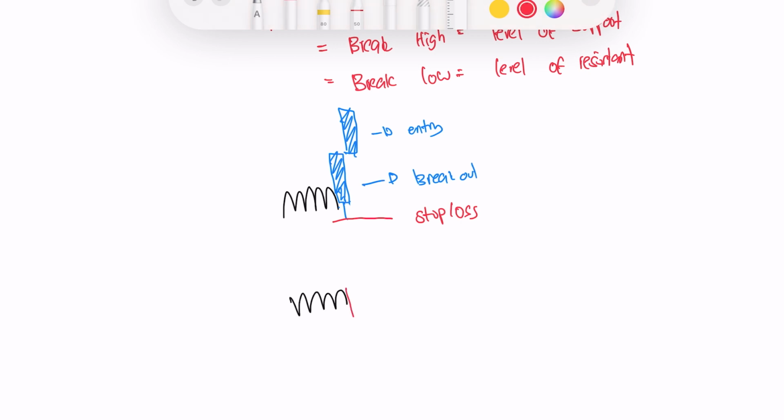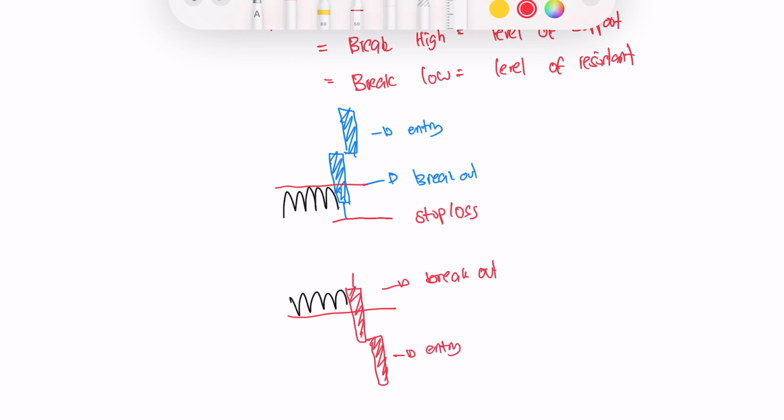And the next one is, let's say if it's going down, then all of a sudden one strong bearish candle. So this is our breakout candle. And over here we have another red candle, which is our entry. So let's just mark out. Okay, it breaks out here, it breaks out here. Okay, it's our entry.